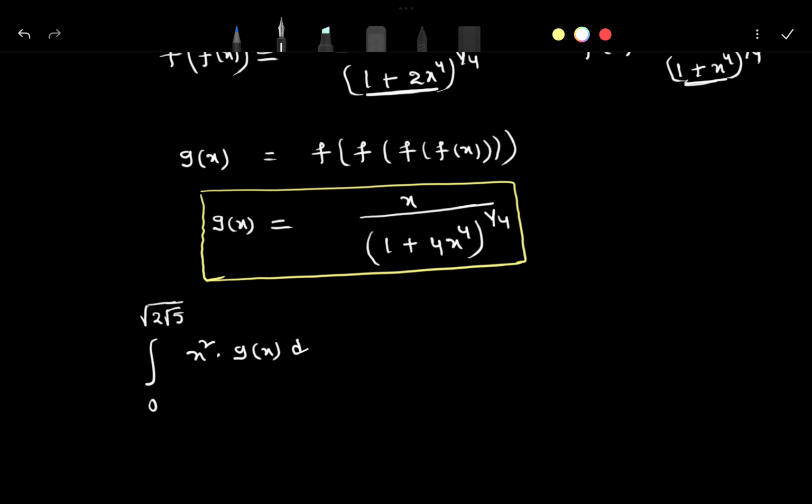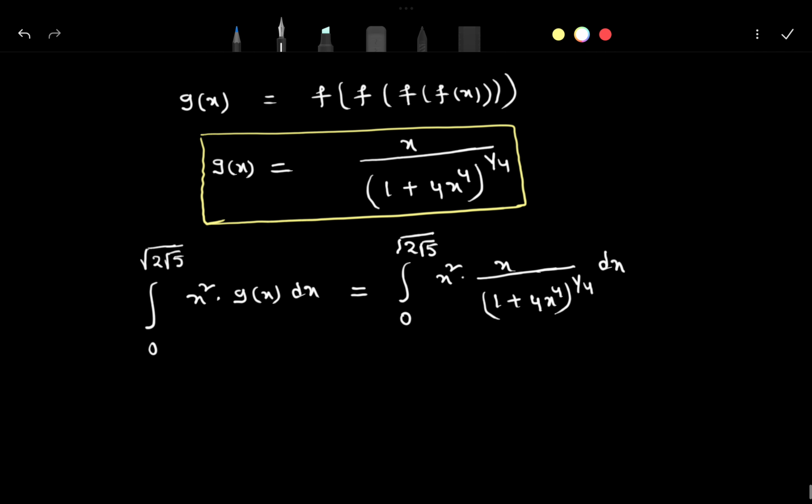So here you have to first find out this value. Actually 18 into is there, so 18 we will see that later. Now this value you can write as the integration from 0 to square root of 2 into root 5 of x square into, g of x value will be x divided by (1 plus 4 into x to the power of 4) whole to the power of 1 by 4, into dx.